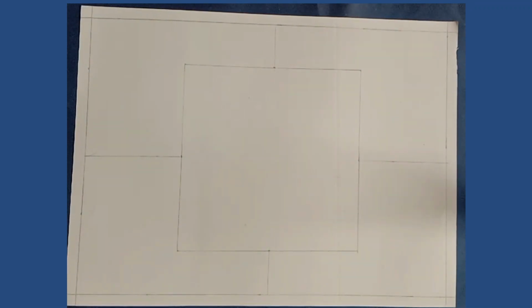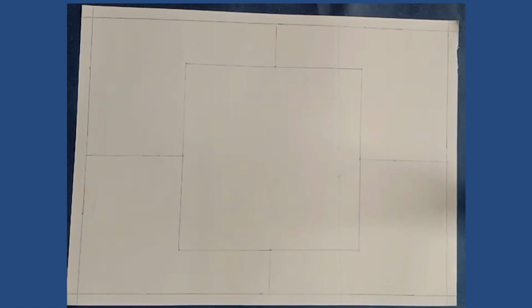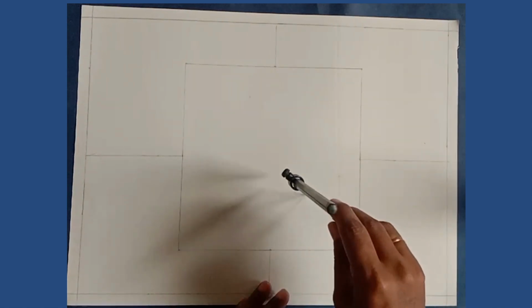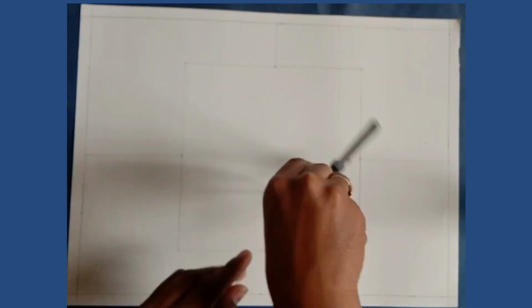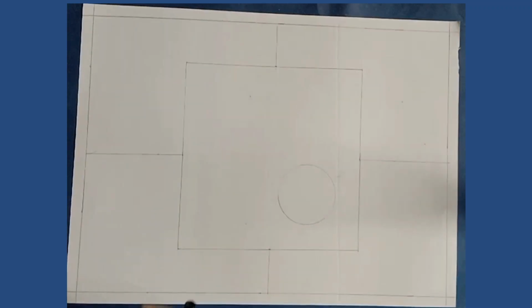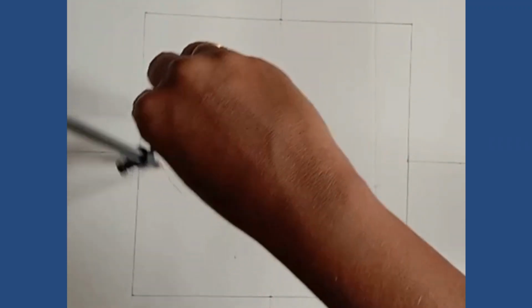Now girls, first what we explained, that element was 3 unequal circles. So I'm going to draw one here. Everything should be light. Another one.